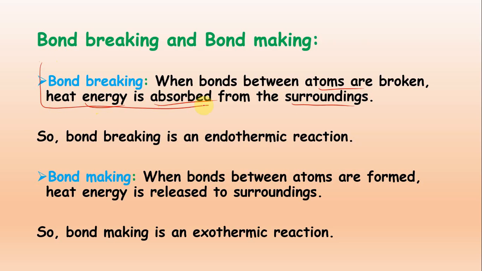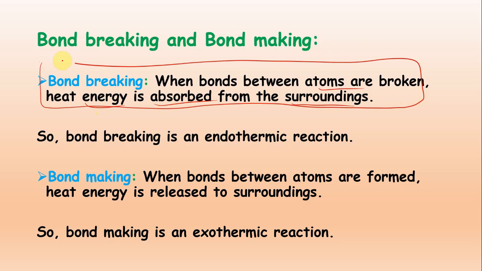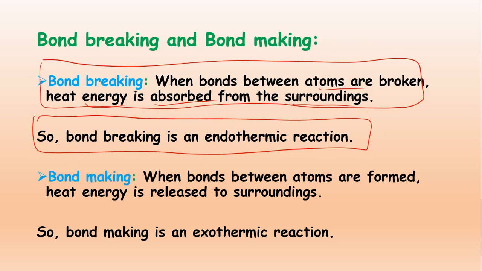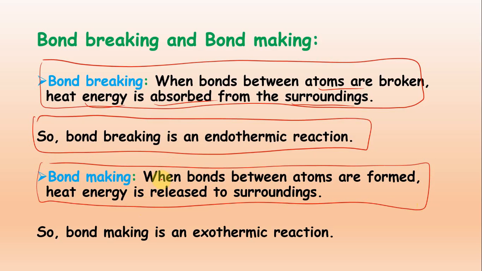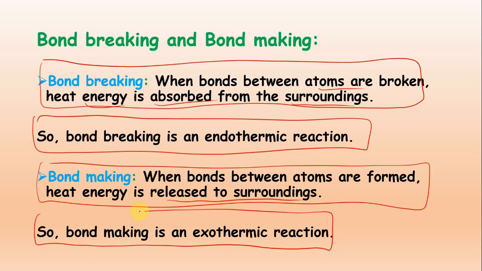Heat energy is absorbed in an endothermic reaction, so bond breaking is endothermic, while bond making is exothermic, because in bond making heat energy is released to the surroundings. If heat energy is released to the surroundings, that must be an exothermic reaction.